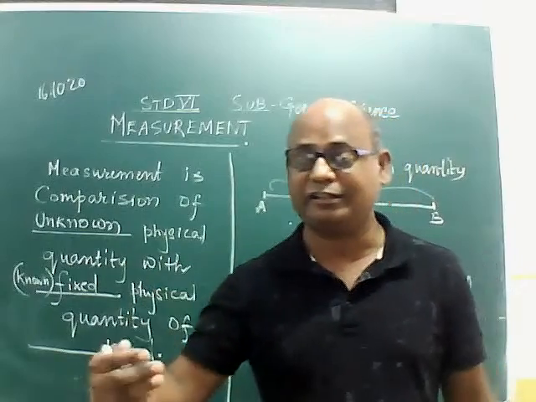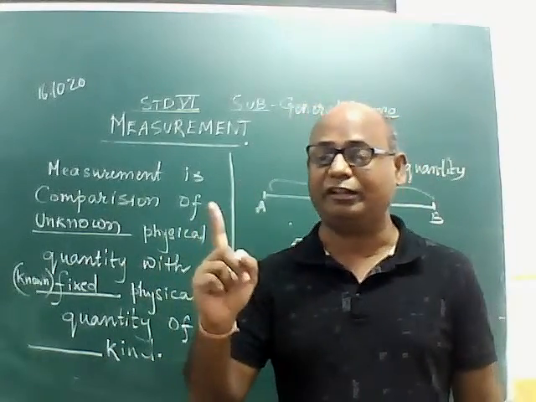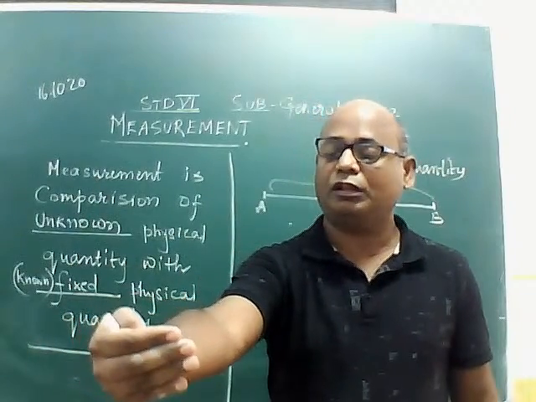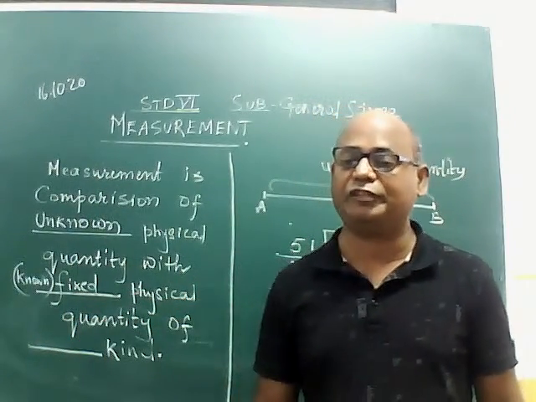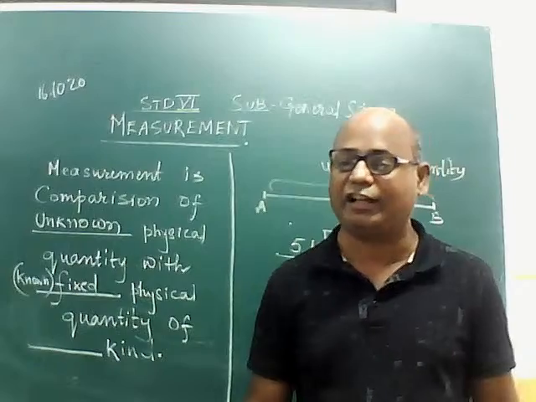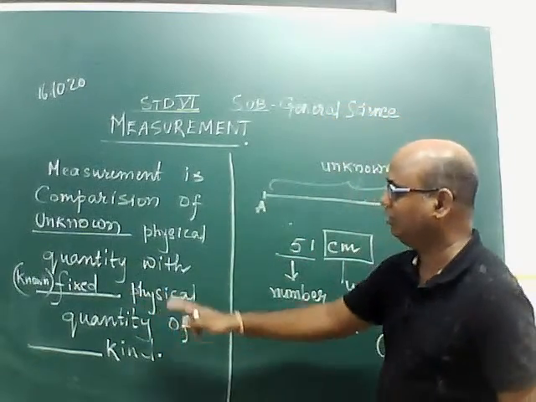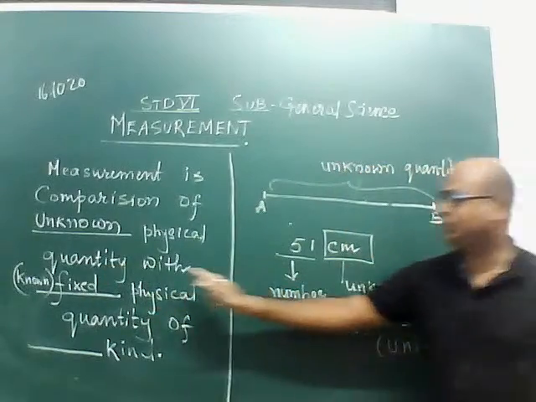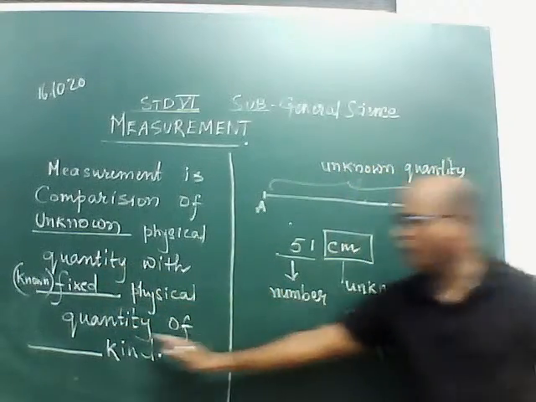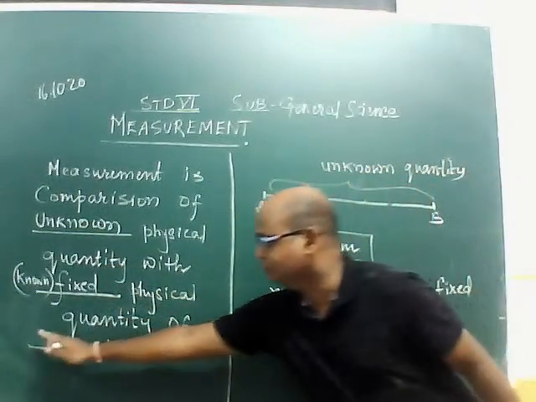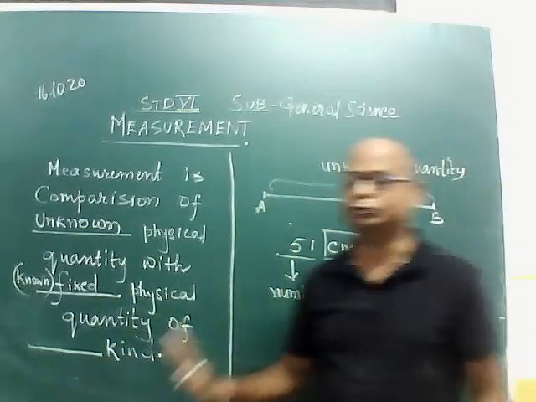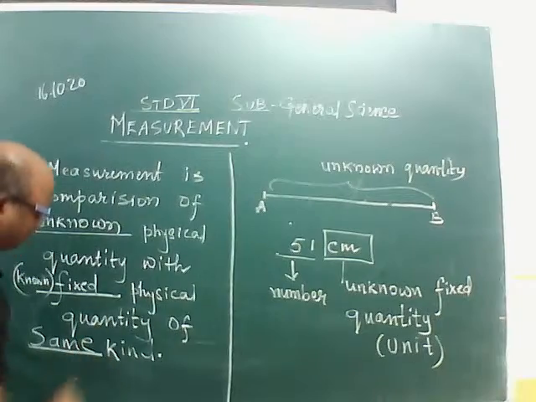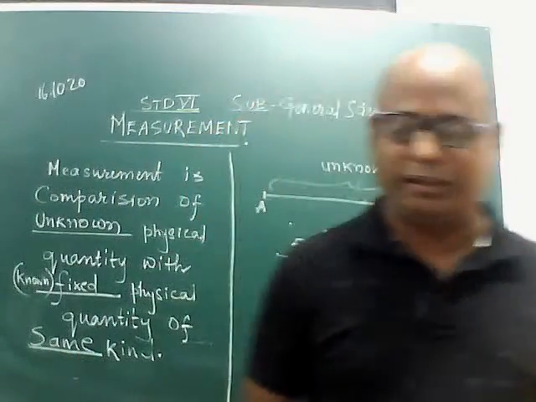Suppose it is current, we will compare with the physical quantity ampere. Suppose it is luminous intensity, we will compare it with the physical quantity candela, isn't it? So it is the comparison of unknown physical quantity with fixed physical quantity of what will come here? Same kind. Of same kind. Okay, so this we already studied.